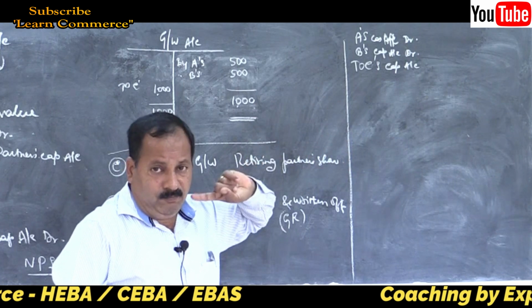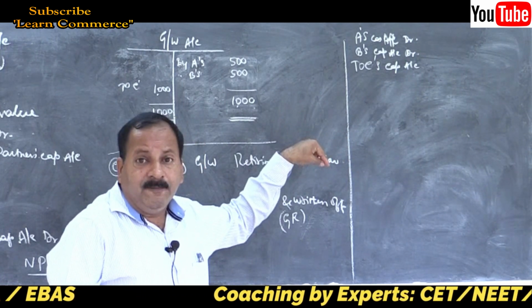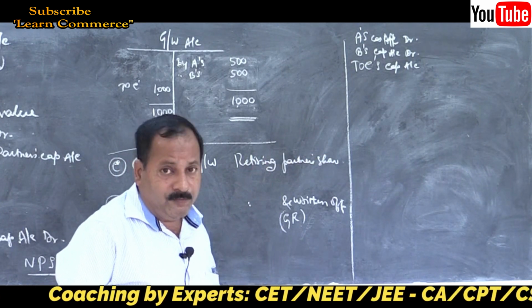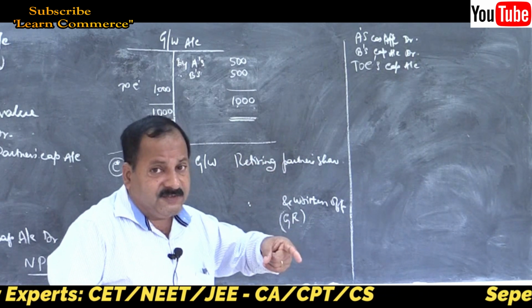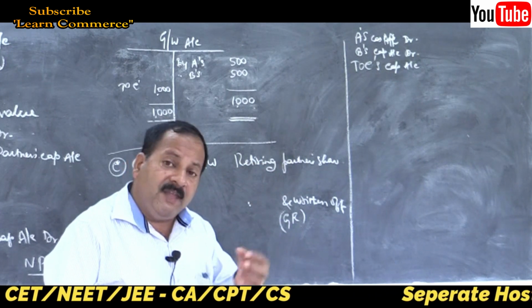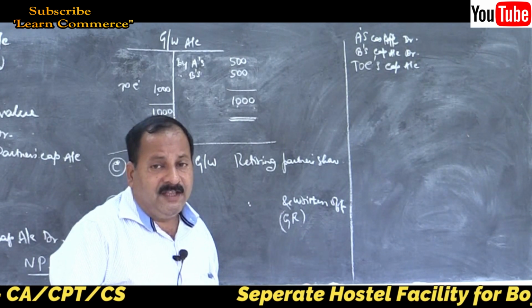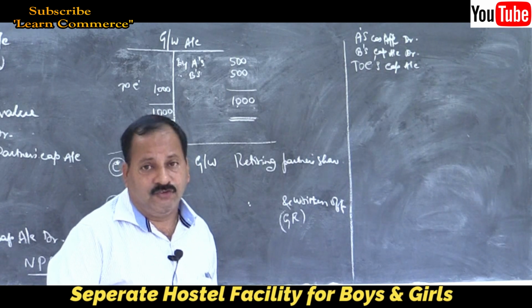That is, we will give credit to the retiring partner with his share of goodwill, and we will give debit to continuing partners in their gain ratio. And here the word goodwill will not come in the entire solution.